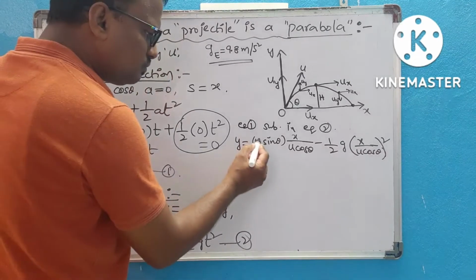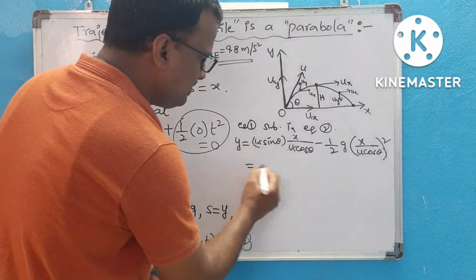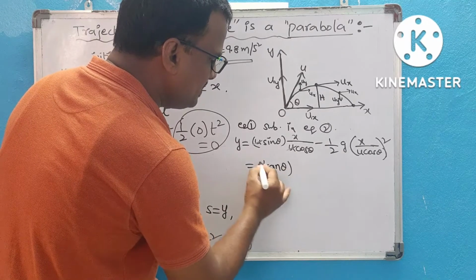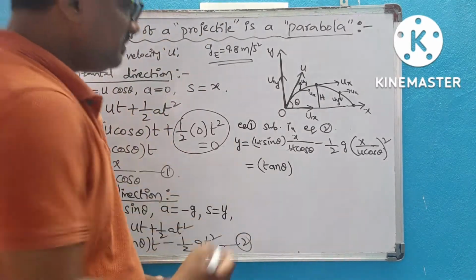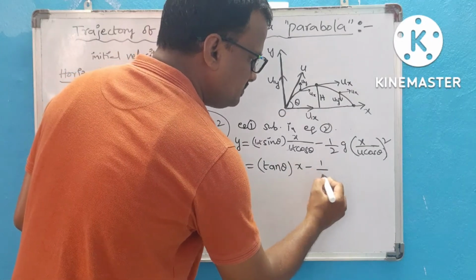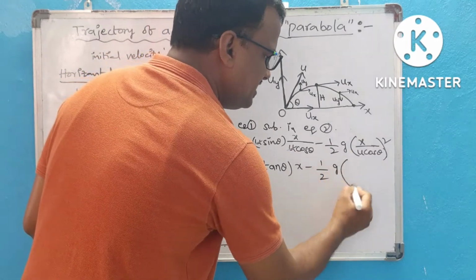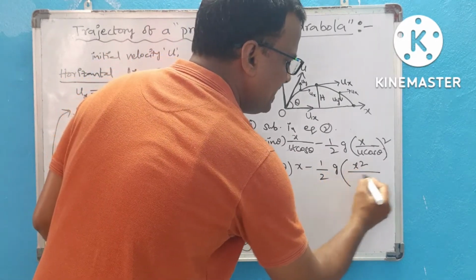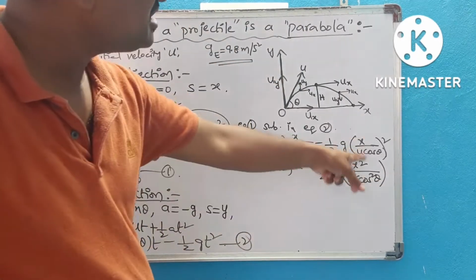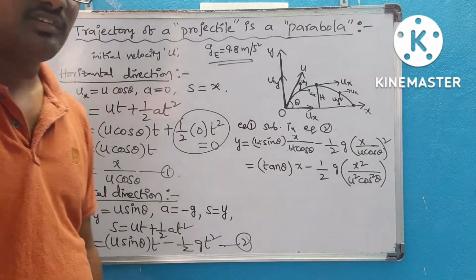Here u cancels, here u cancels. So finally we get sin theta by cos theta, that means tan theta, into x, minus half g into x square by u square cos square theta. Here x by u cos theta whole square means x square by u square cos square theta.